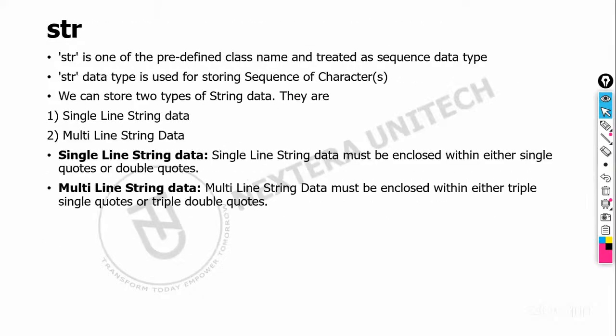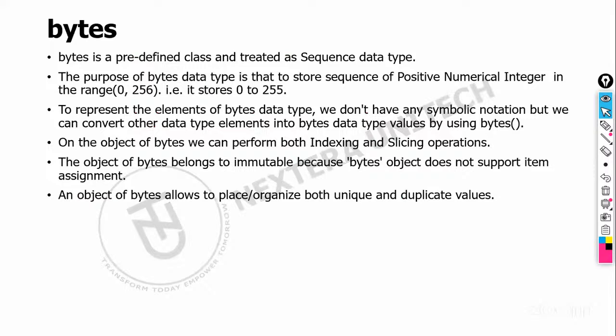We discuss str, then we have completed the hands-on, followed by bytes data type, where we understood bytes data type along with hands-on. Bytes data type helps us to store positive numbers, and especially a sequence of positive numbers, between 0 to 255.